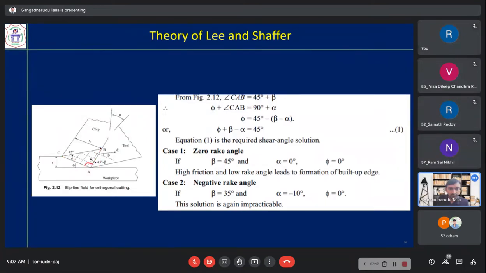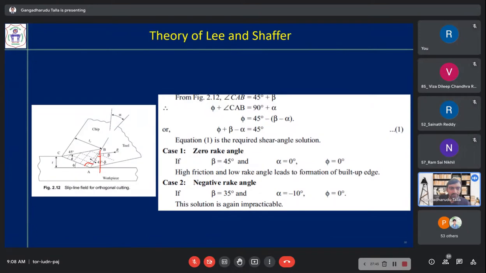Here you see the angle between N and F is beta, we all know that. And this is alpha outside. So this is 45 and this is some other angle, total angle here.